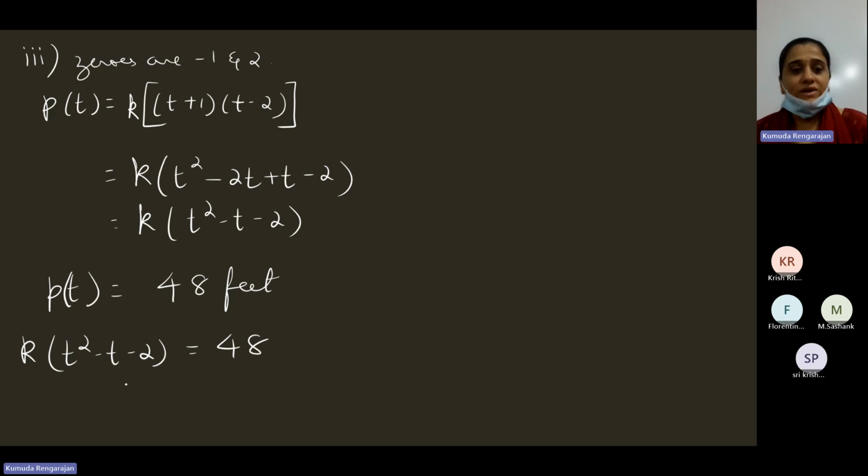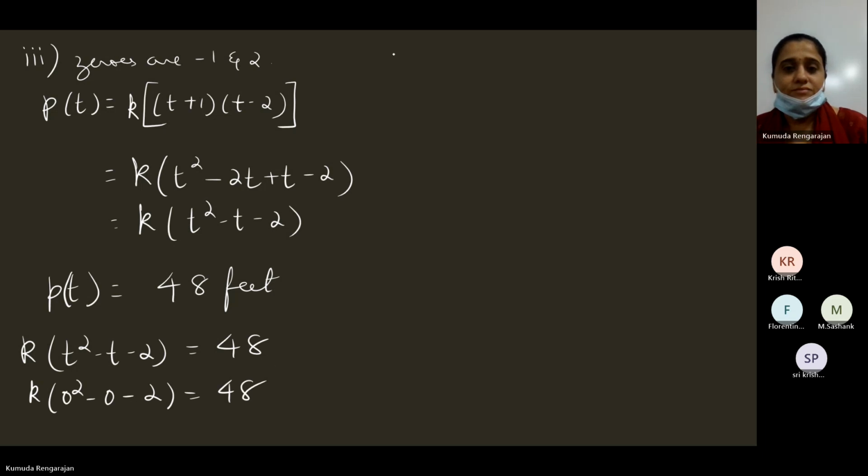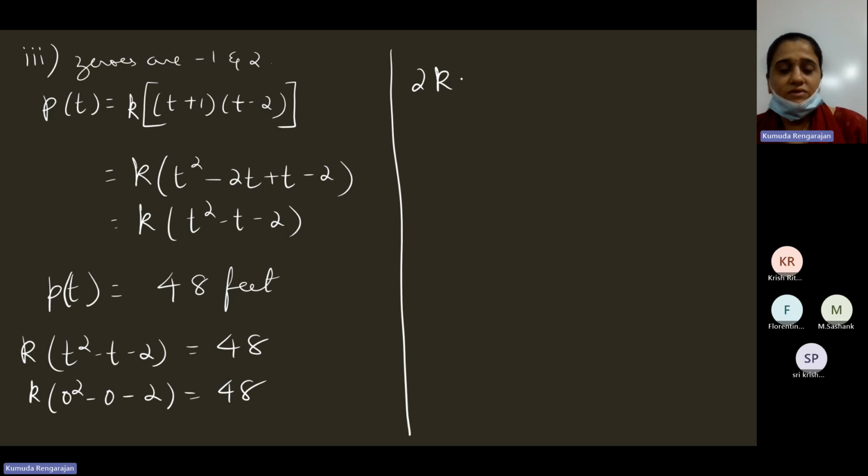When it is 48, what should be the value of t? 0. So k into 0 square minus 0 minus 2 is equal to 48. So I think that'll be 2k is equal to 48, so k is equal to 24. Sorry? Oh, minus 2k. Thank you. Minus 2k, so k is minus 24.